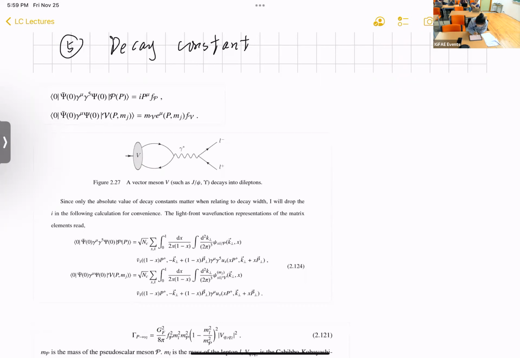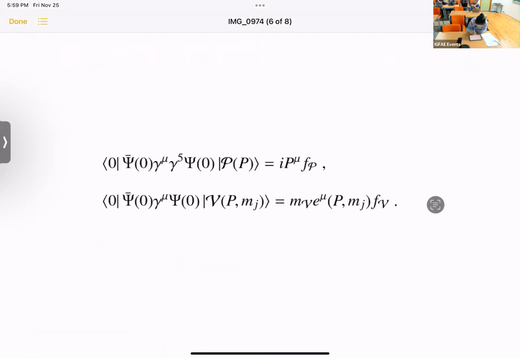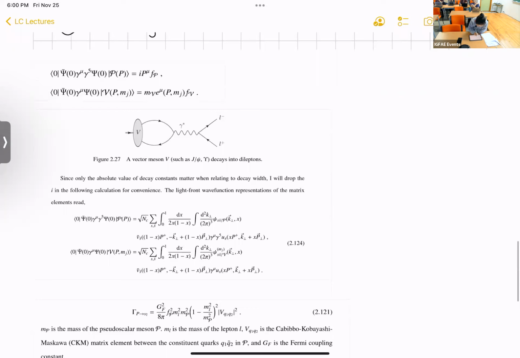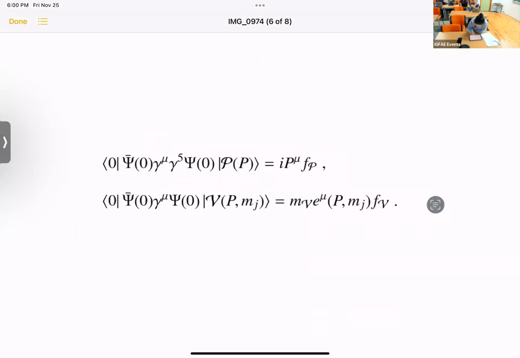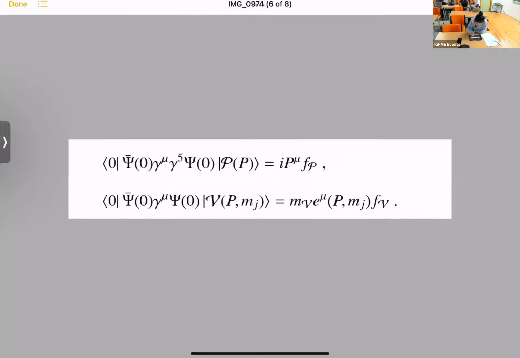For example, for a vector meson state, the hadron matrix element is from the vector meson to vacuum, and the corresponding physical picture is that this vector meson decays into a virtual photon and then a leptonic pair. Here the Lorentz vector is in mu, and the coefficient in front is not the form factor but the decay constant.